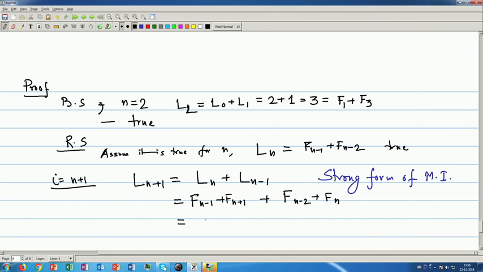For n minus 1 and n minus 2, this becomes f n, and this becomes f n plus 2. So, which is f n plus 1 minus 1 plus f n plus 1 plus 1. So, it is proved.